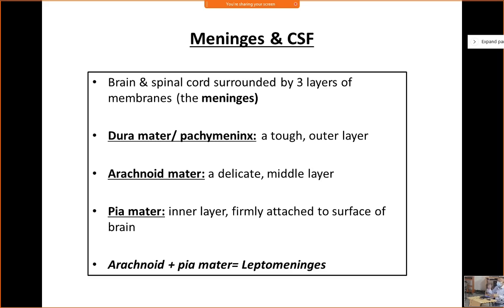But dura and arachnoid do not adhere firmly to the CNS, whereas pia mater adheres firmly to the structures of the surface of the brain. Then your arachnoid and pia mater, these two together are known as leptomeninges. And the dura mater is called pachymeninges.